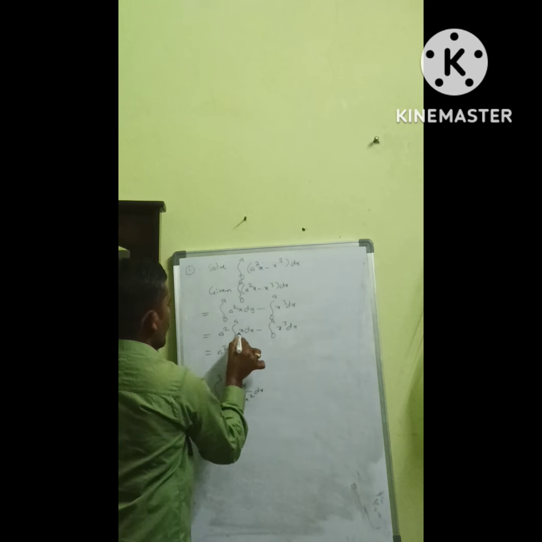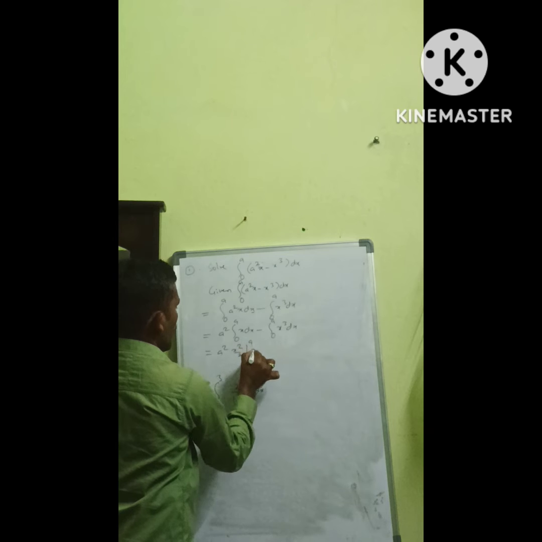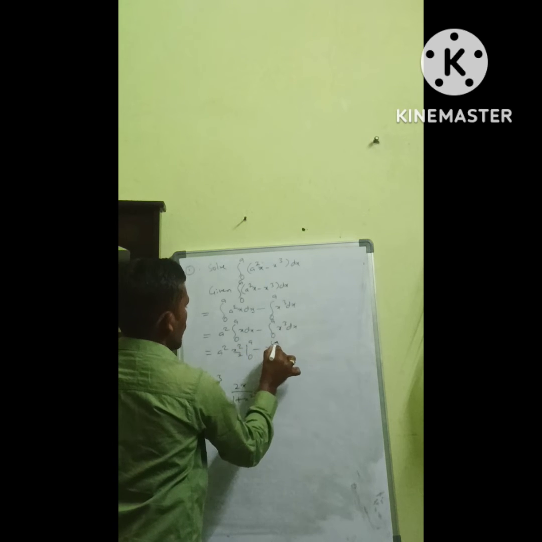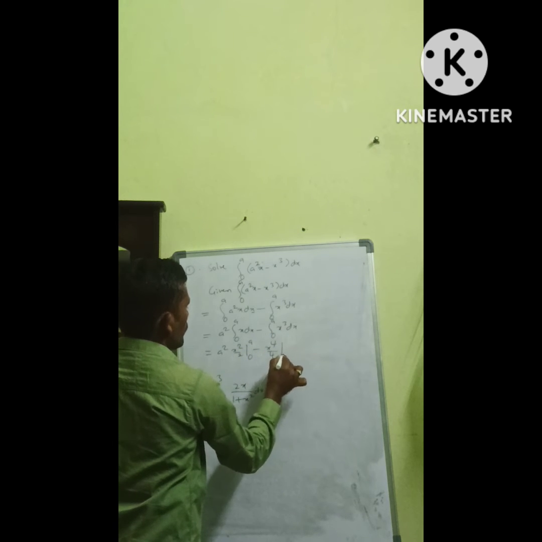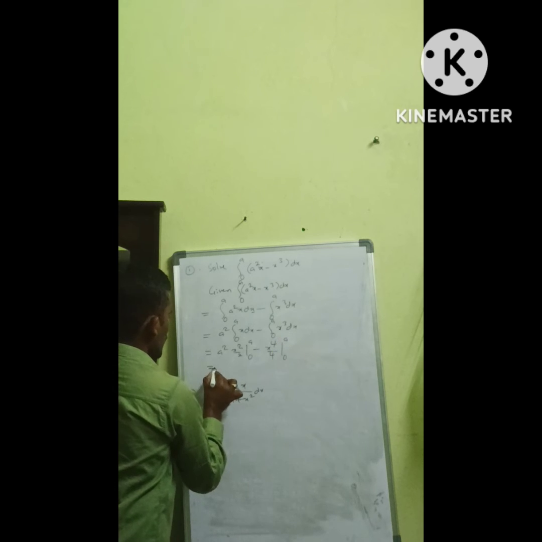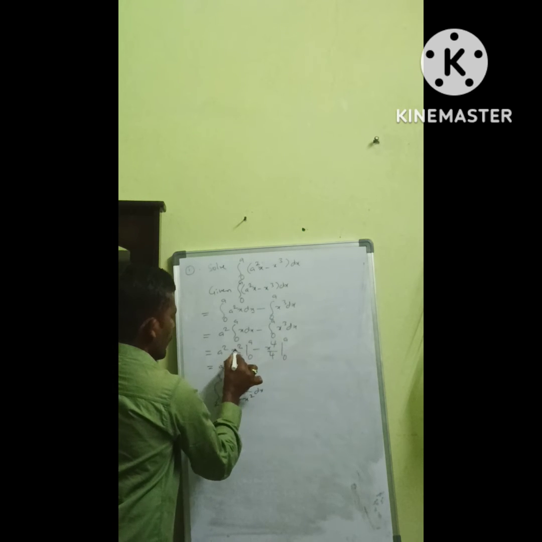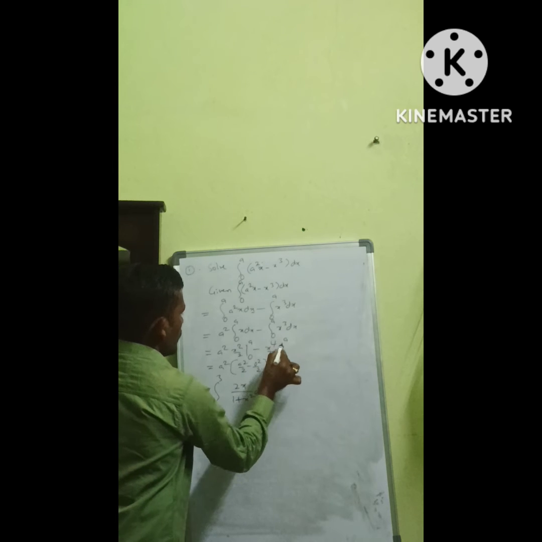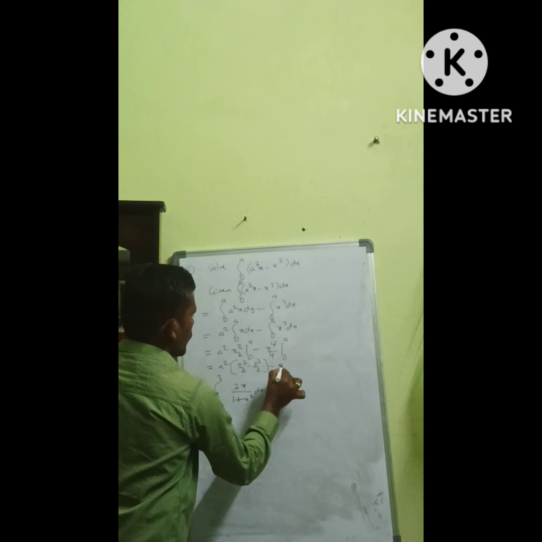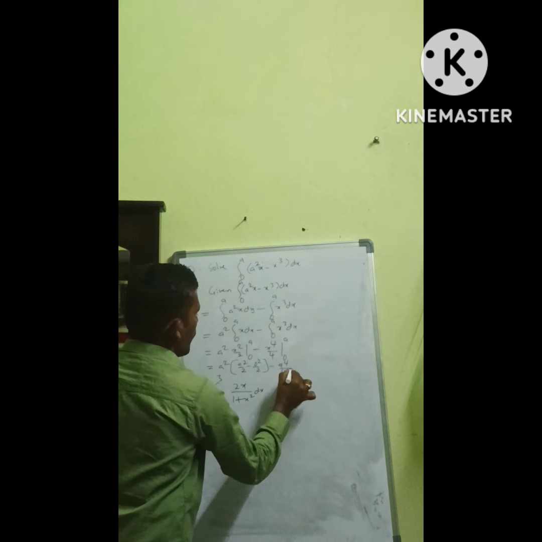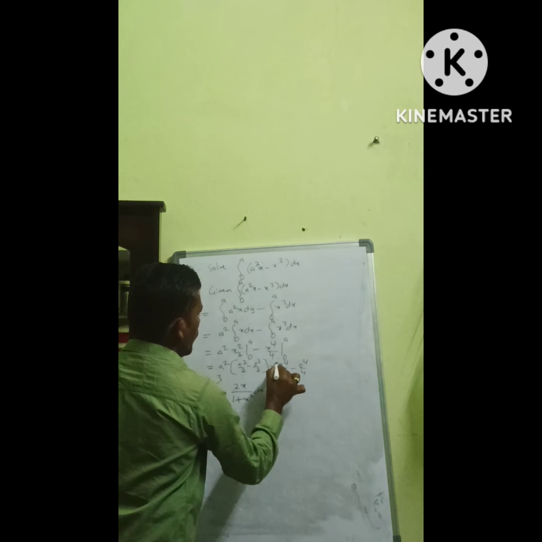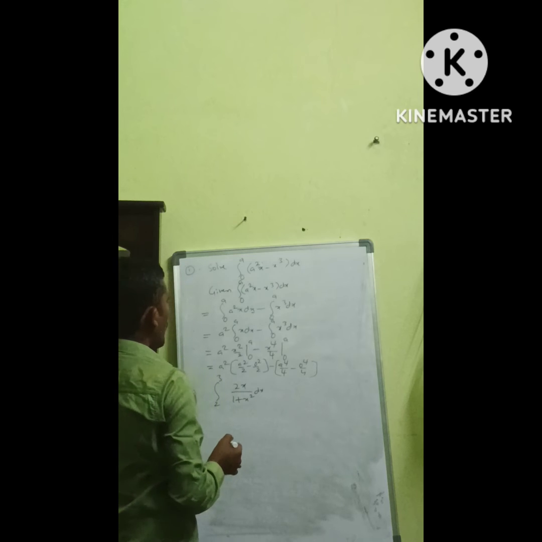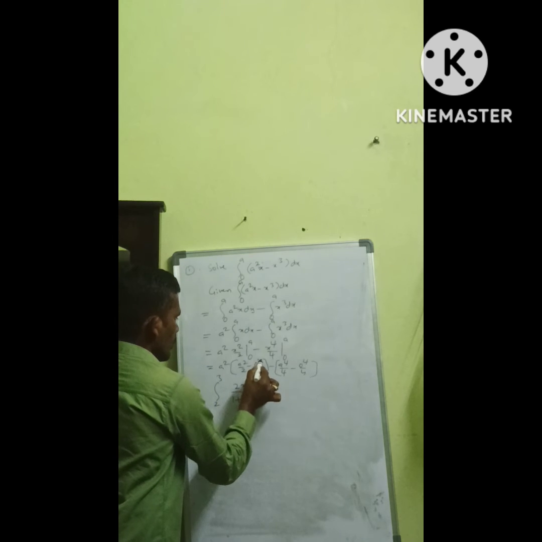So a square times the integration of x, which is x square by 2, with limits 0 to a, minus the integration of x cube, which is x power 4 by 4, 0 to a. Now upper limit minus lower limit. So a square by 2 minus 0 square by 2, minus a power 4 by 4 minus 0 power 4 by 4. These are 0 only, they are getting 0.